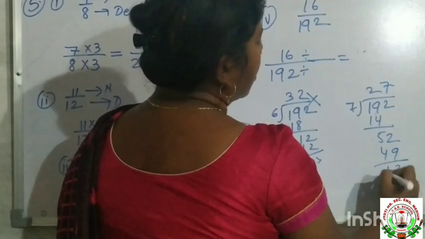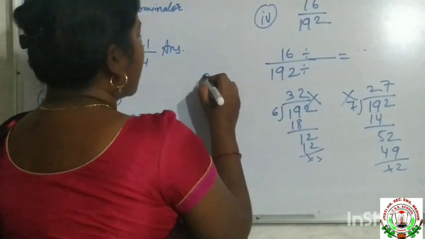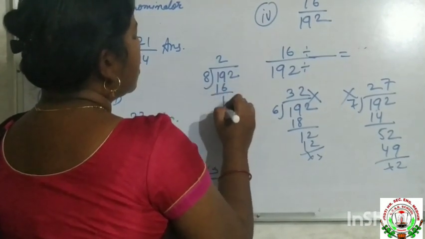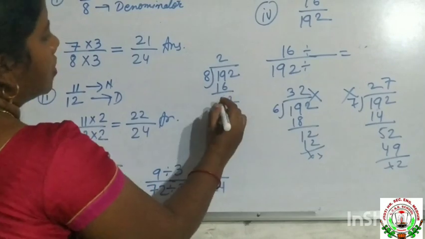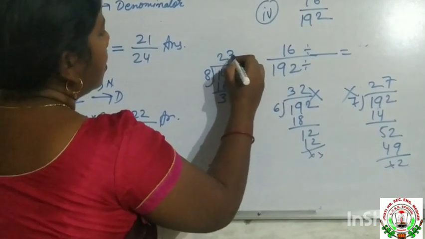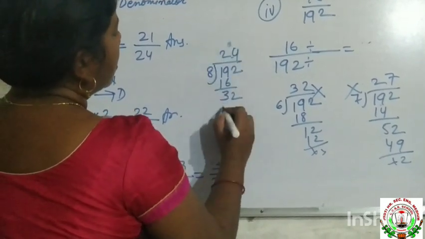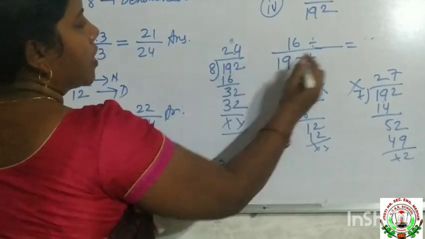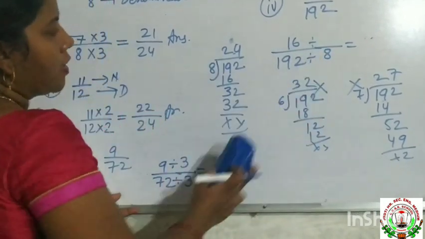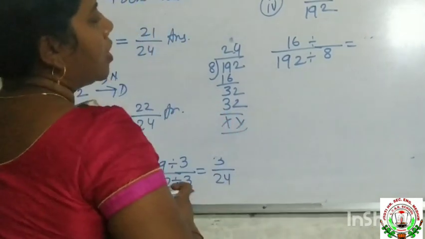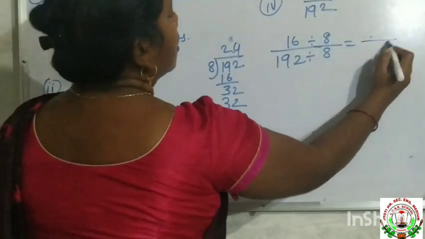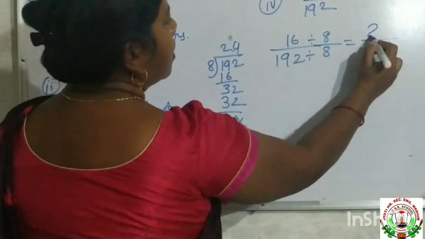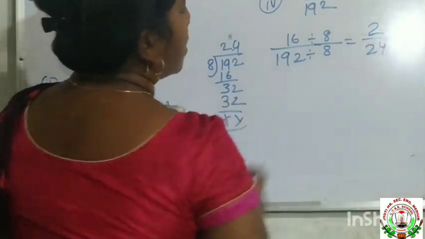Here also we are not getting it. So we take the next number, 8: 8 twos are 16, 8 fours are 32. Now here we are getting 24. So we divide the numerator and denominator by 8. Then we get 24, and 16 divided by 8 is 2. So 2 by 24 is the answer.